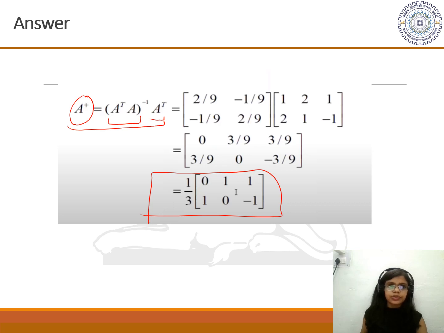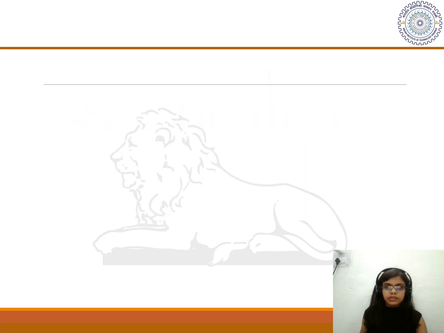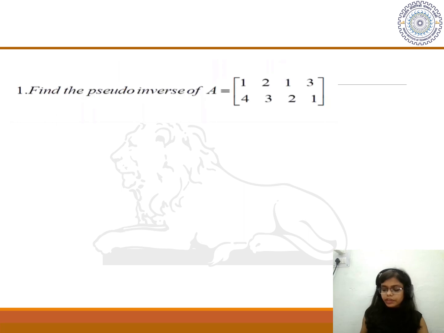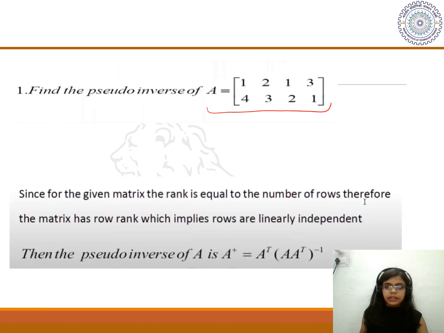I encourage you to try the next example on your own and do the calculation. So moving forward, here we have another question where we have this matrix A. We can see that the rank of this matrix is equal to 2, which is equal to the number of rows.